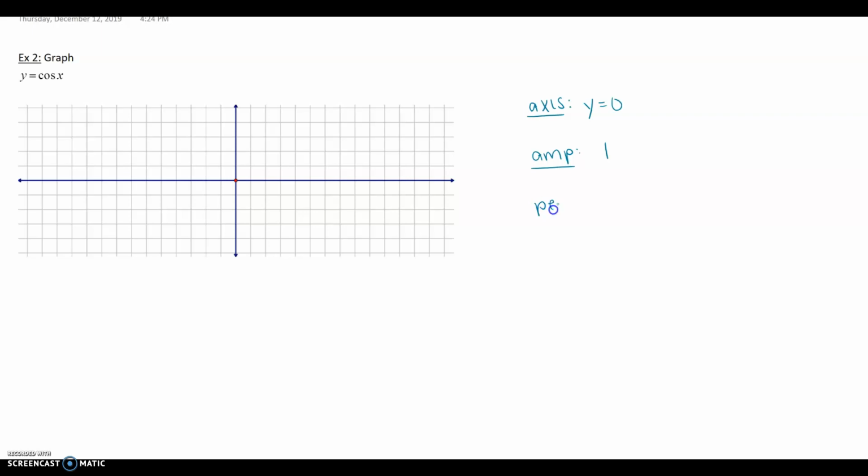The period is 2 pi. And the scale is also going to be pi over 2. Alright, so the only difference here is that we start at the max. So I'm going to label my coordinate plane with the scale pi over 2.